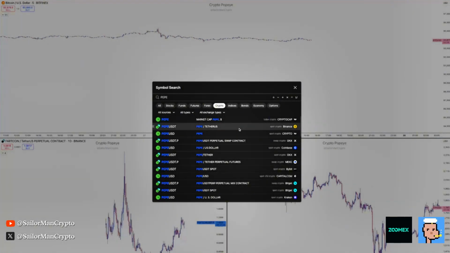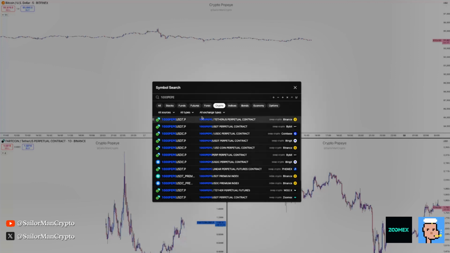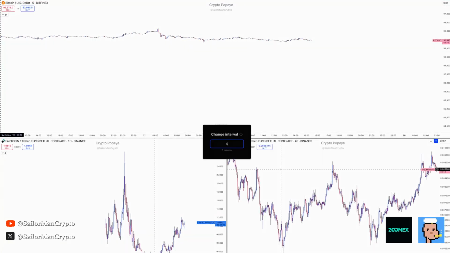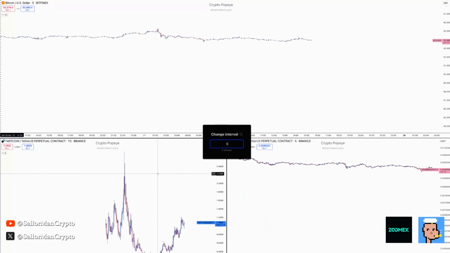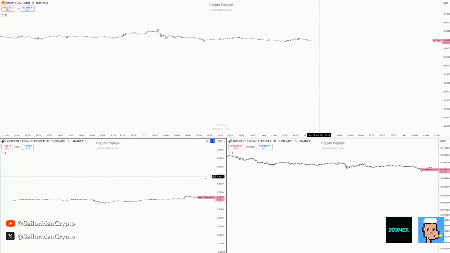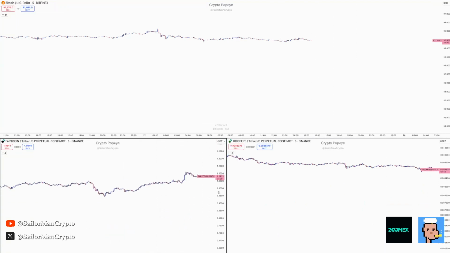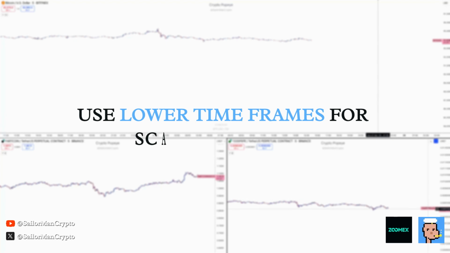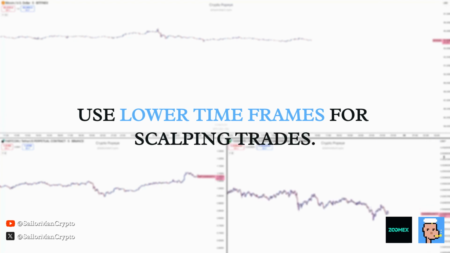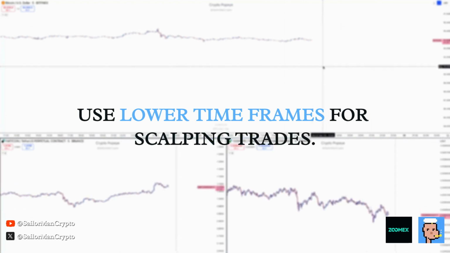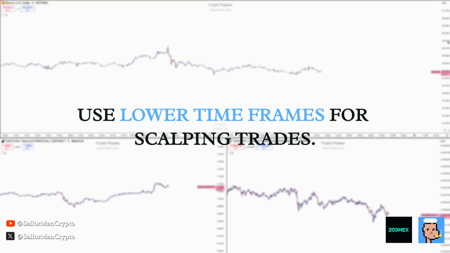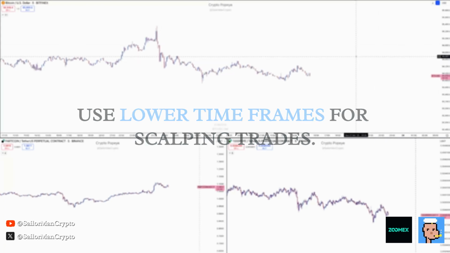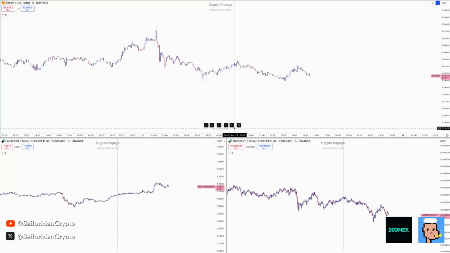We go to a lower time frame. Let me just select the proper pairs. 5 minute, and we try to observe, in this case on a very low time frame, the behavior here for scalps. Then if you use a higher time frame, you will use it more for swing and other stuff.